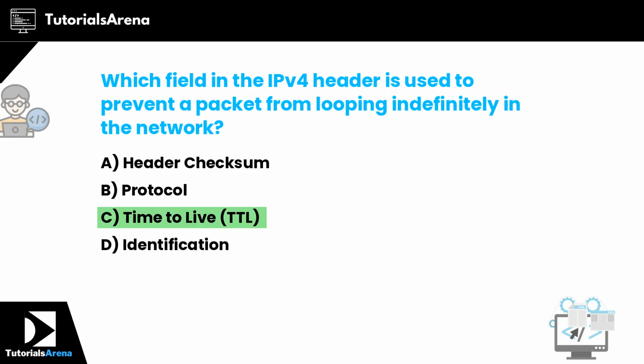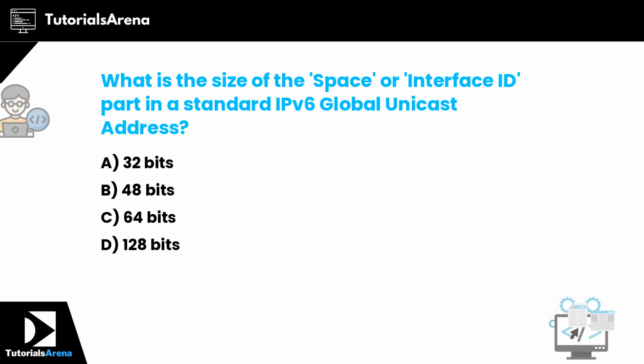The correct answer is option C, time to live, TTL. What is the size of the interface ID part in a standard IPv6 global unicast address? The correct answer is option C, 64 bits.